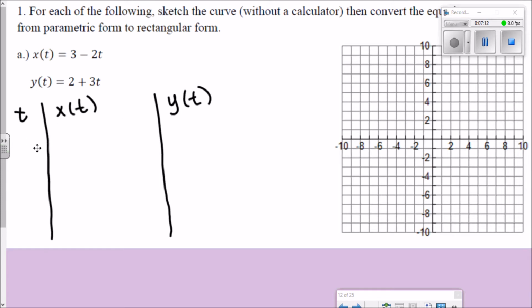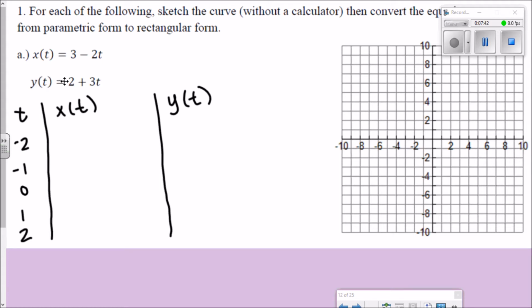For time, you just need to choose some values. Make sure you're choosing some negative, at least one 0, and some positive. For this one, I'm going to choose -2, -1, 0, 1, and 2. Now here's what we're about to do. This x of t is an equation for my x values that will go on my graph, and this y of t is an equation for the y values.